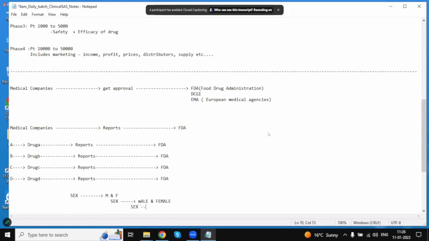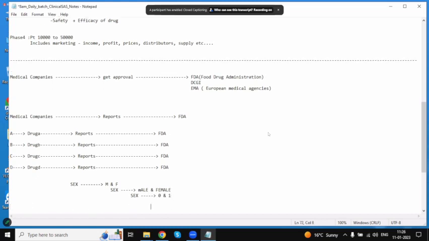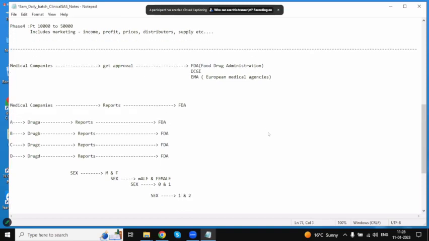Company C prepares it like 0 and 1, where 0 represents male and 1 represents female. Company D prepared the sex information in the report as 1 and 2, 1 meaning male, 2 female. The intention of the meaning is the same for all 4 companies, but the way of representation of the report was different.